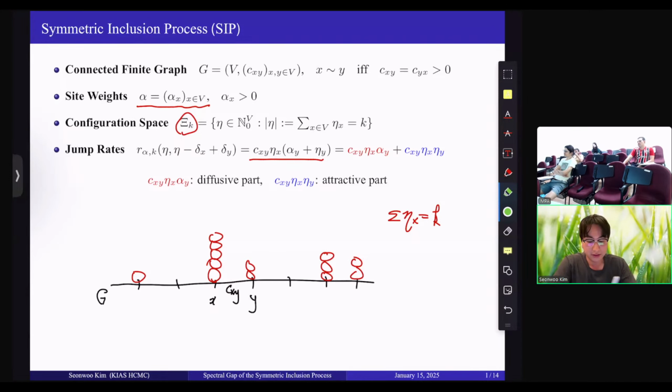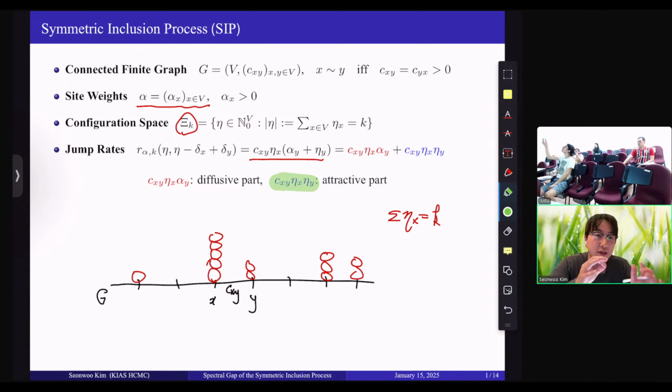And then the second part, which is written here: instead of alpha_y, we multiply by eta_y, such that the jump from x to y is more likely if eta_y is also big. So a jump is more likely to be observed if there are many particles sitting at the destination.